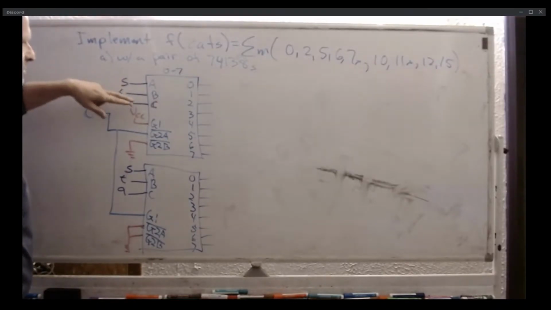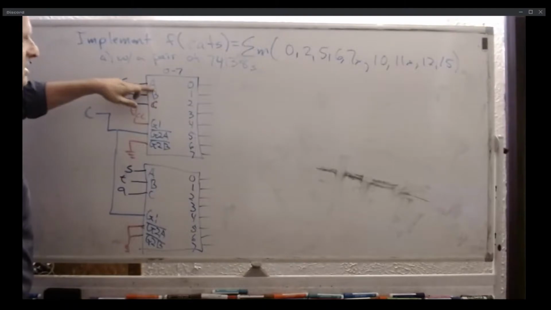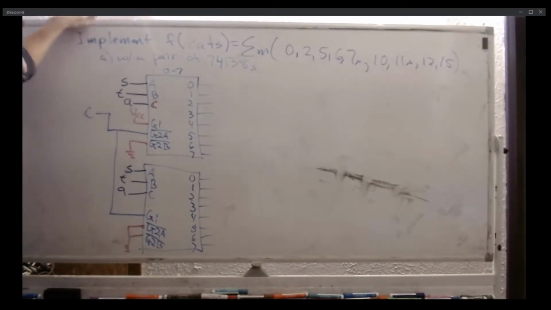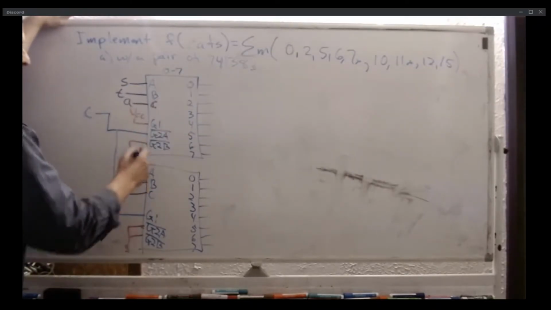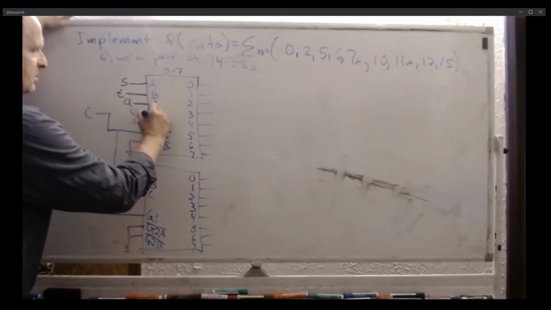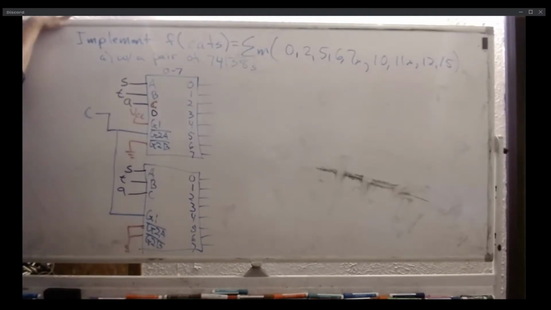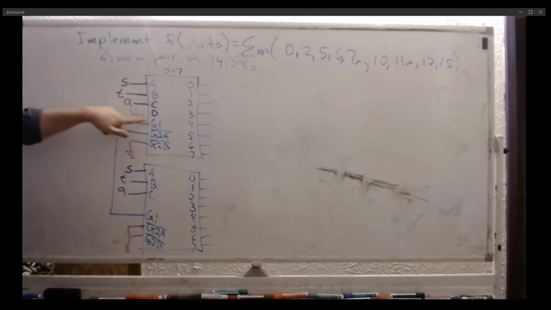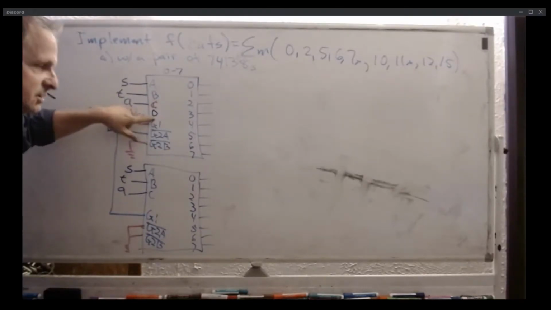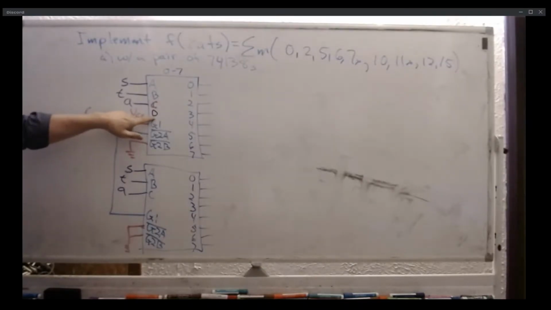Well, if A is the least significant select line, then the progression to adding another select line is easy. You would just call it D, and D would be the new most significant select line.